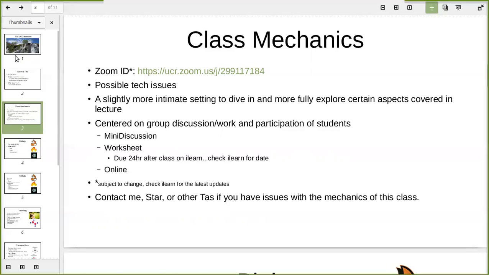For the discussion itself, you could think of it as a more intimate setting to get a feel for the topics you've gone over in lecture, but maybe not in incredible detail. Your lecture, whether online or in person, usually has hundreds of students, especially for a basic class such as this.